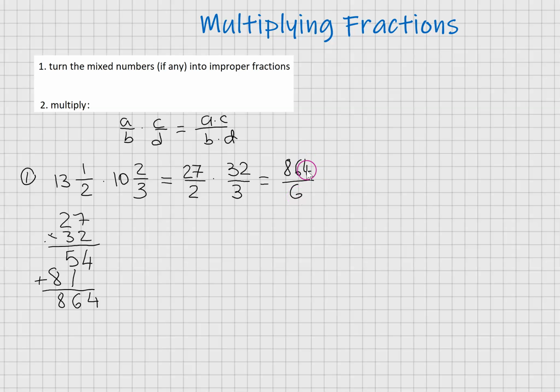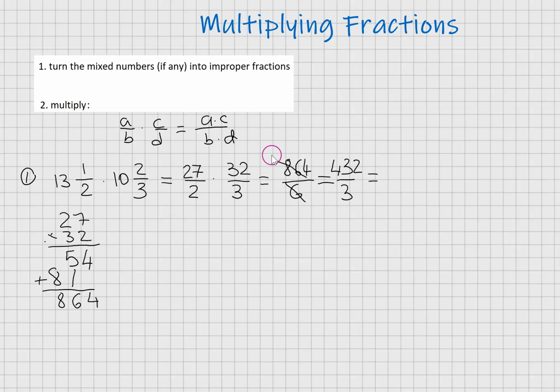I know that numerator is divisible by 2 because the last digit is even. So when divided by 2, 6 divided by 2, I'll start with the easy one, is 3, and 864 divided by 2 is 432. Can I simplify any further?